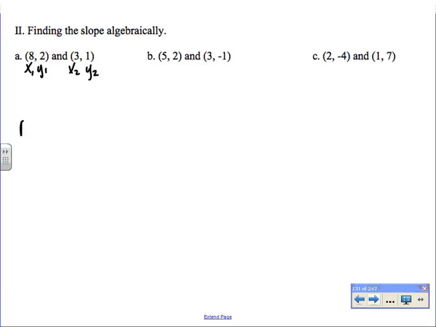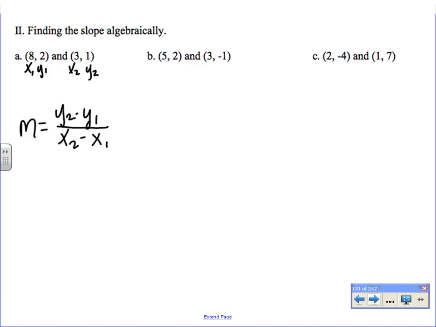I know slope is... Wait, I have a question. Okay, go ahead. If you label them the other way around, do you get the same answer? Same answer. You just have to make sure you're consistent. So my equation is y2 minus y1 over x2 minus x1.